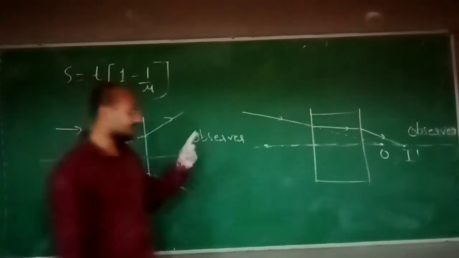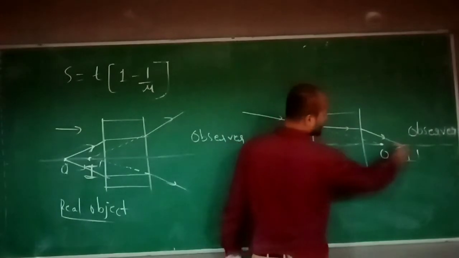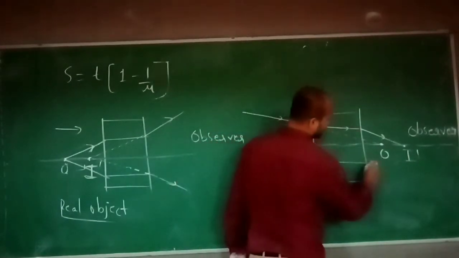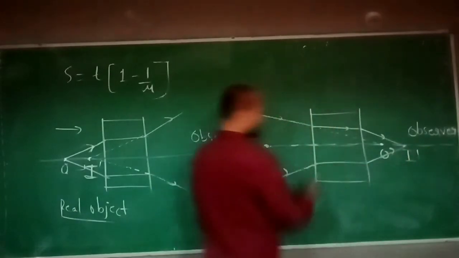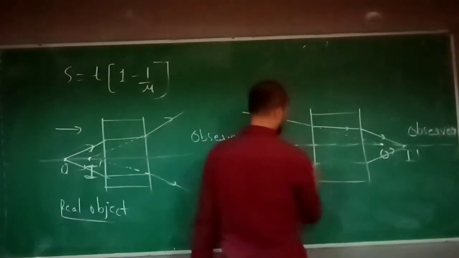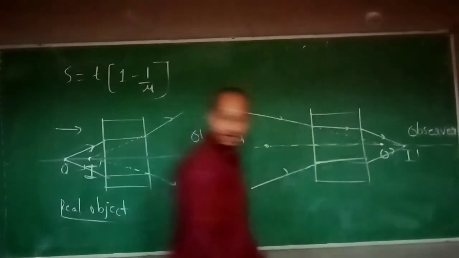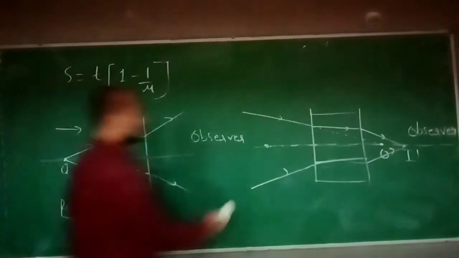Correct now? One thing you have to observe. Same thing happens here. Another ray, if it is coming like this, it will bend like this, then it will go like this. It is not parallel, I am just showing it is bending like this, then it is moving like this.